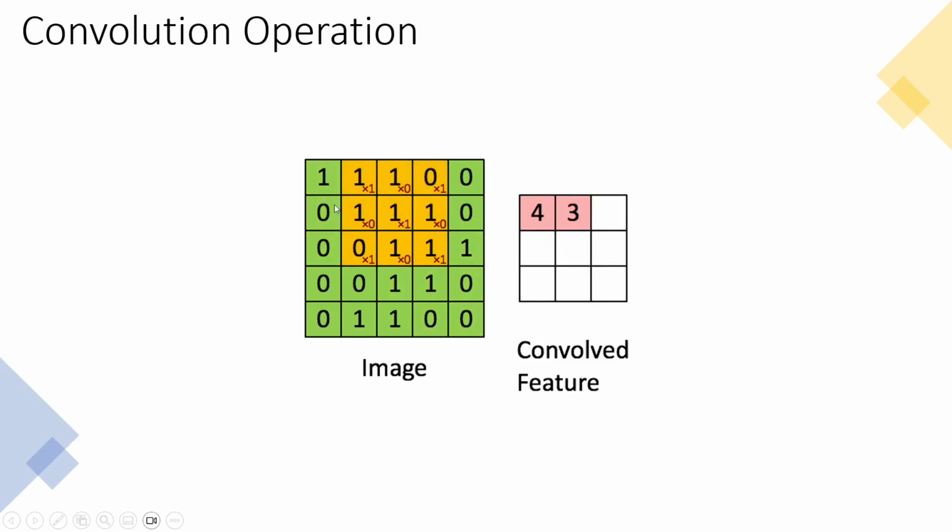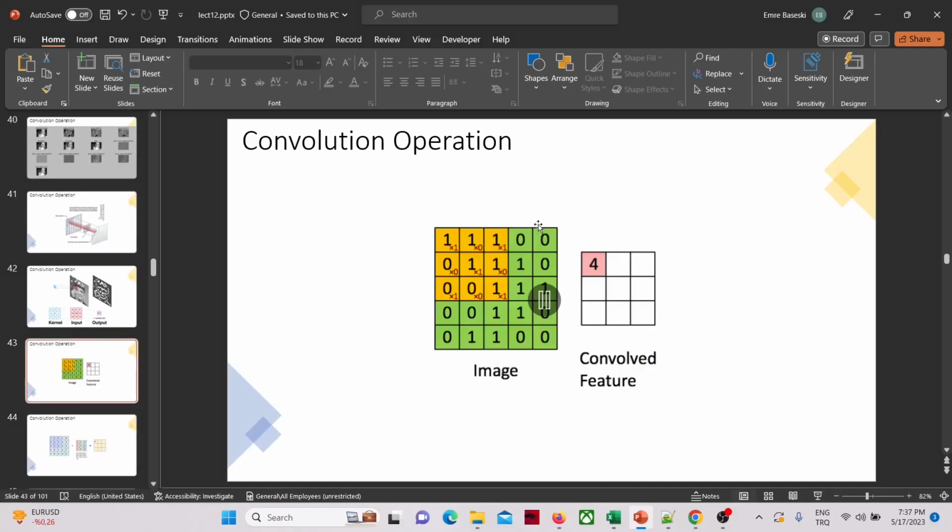Each time you convolve, you move the kernel either to the right or down. You convolve, make another convolution, and another convolution. Each time you convolve, you put a number here.